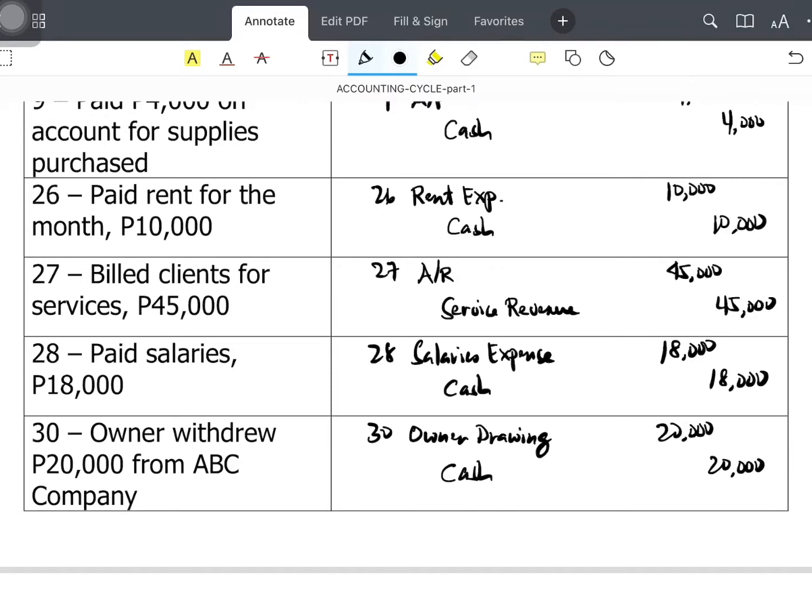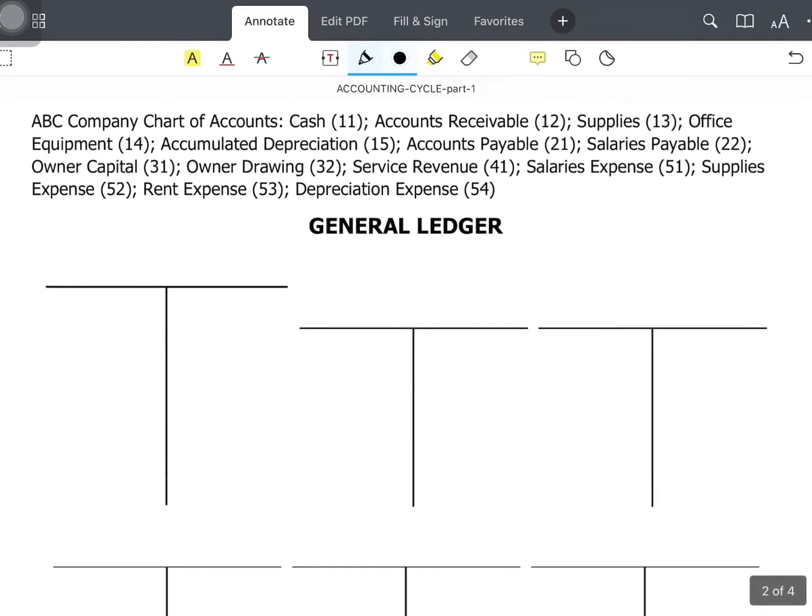Okay, so we're done journalizing. Next, posting. But before that, set your T accounts first.